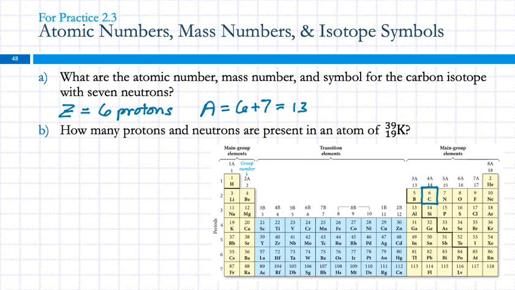And then the symbol. Well, there's a couple of different ways we could write the symbol. We could use the nuclear symbol. The element symbol is C, and the mass number up here, and the atomic number down there. Or we could call this C13 or carbon 13. 13, the mass number, is what we use to identify which isotope we are talking about.